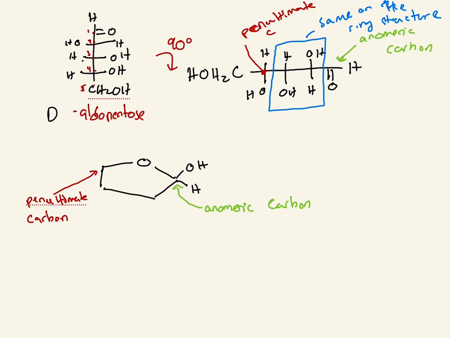This is the anomeric carbon, so the ring is going to start numbering from here. So it's going to be 1, 2, 3, 4, and then you say, okay, wait, we need another carbon here. Where does it go? Well, remember that this reaction is happening between this oxygen here on the penultimate carbon and the carbonyl carbon, right? So that's where they're being closed.